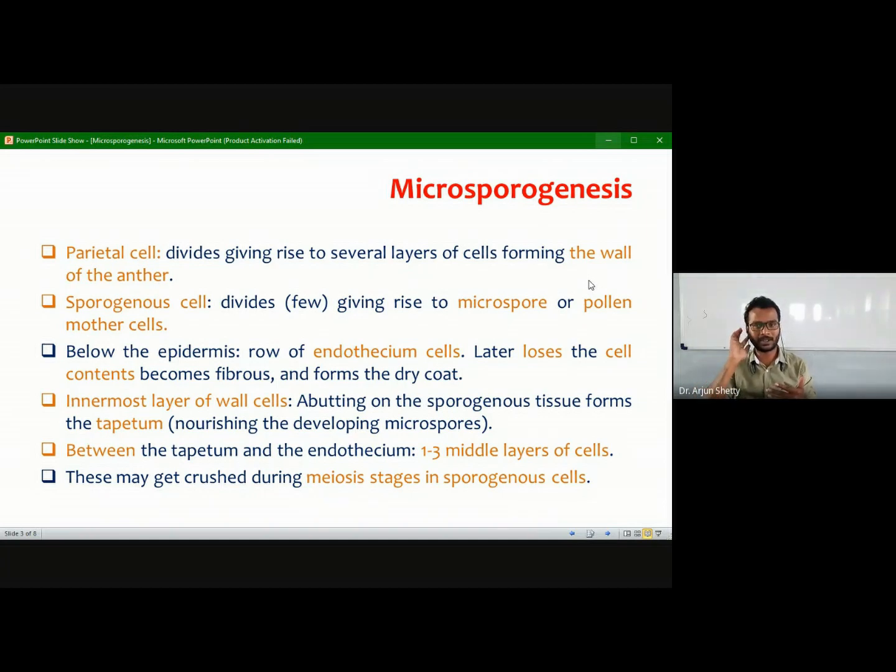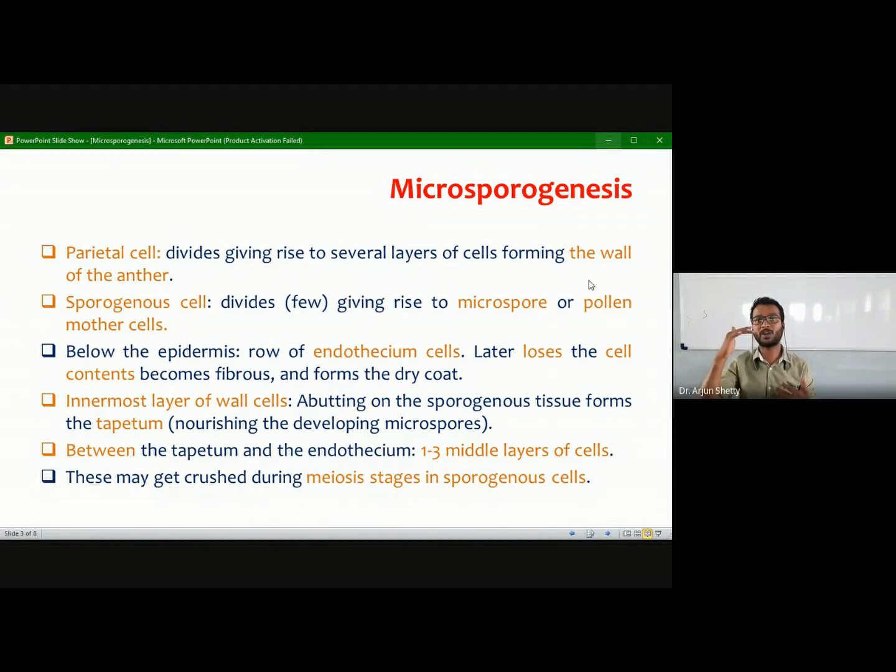And guys, in most of the textbooks the endothecium is given as only unilayered. But very recently we have come to know that, more often unilayered, sometimes you see 2 or 3 layered endothecium also.